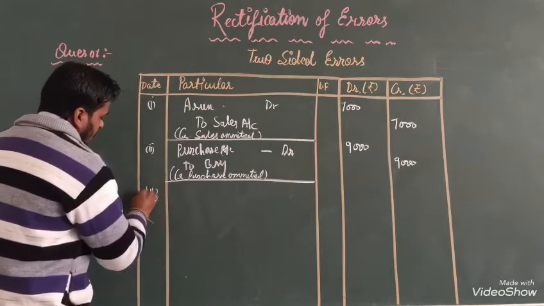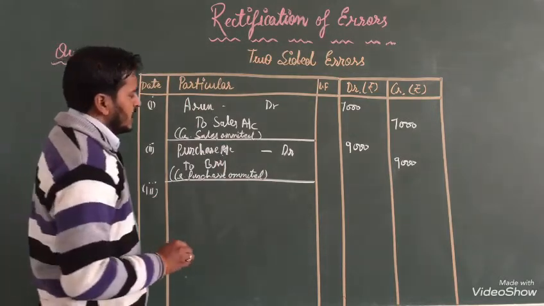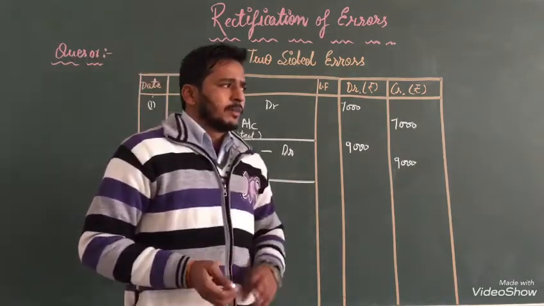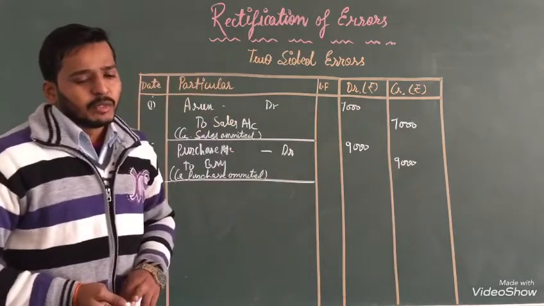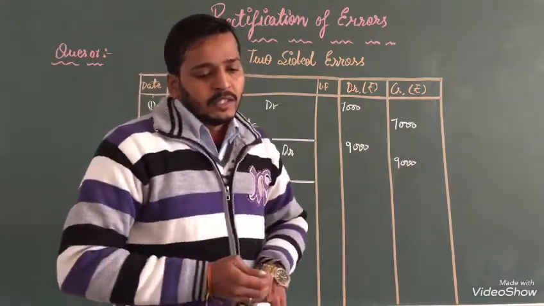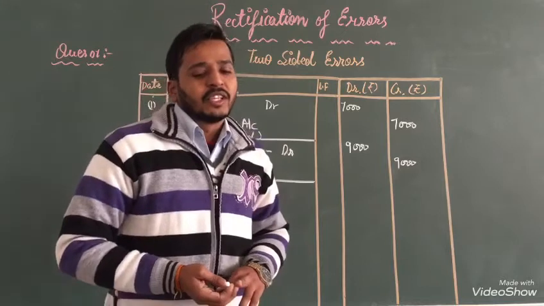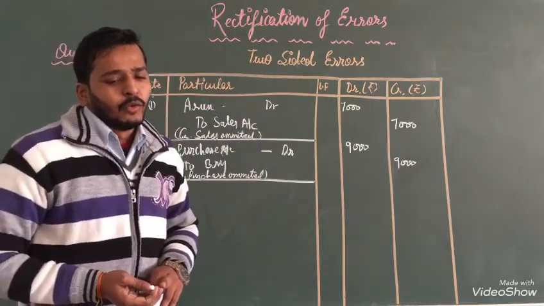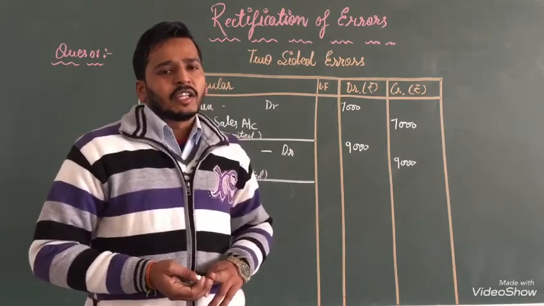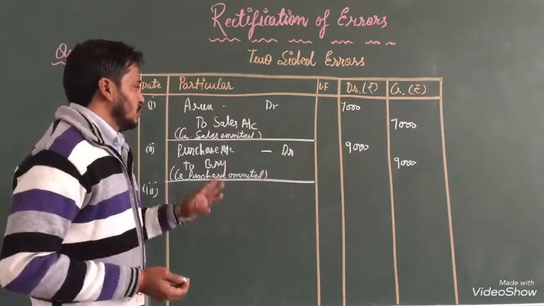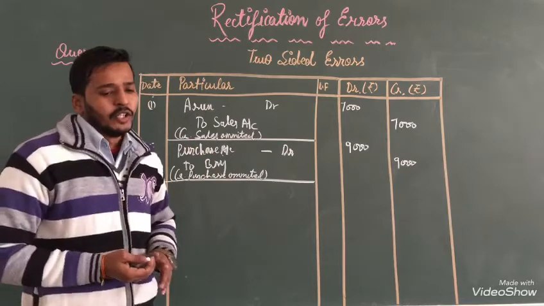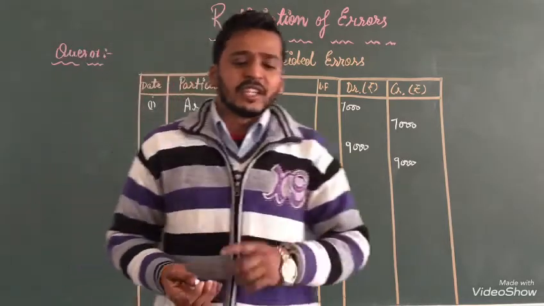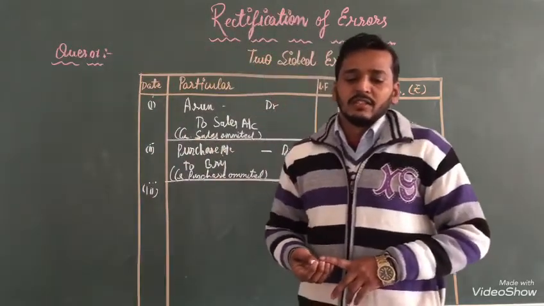After that, if any other transaction comes in front of you, you have to write the third one. Suppose the third is: goods returned to Charu 4,000 were not recorded. If this entry comes in front of you, you have to record it. Once again, listen: goods returned to Charu.